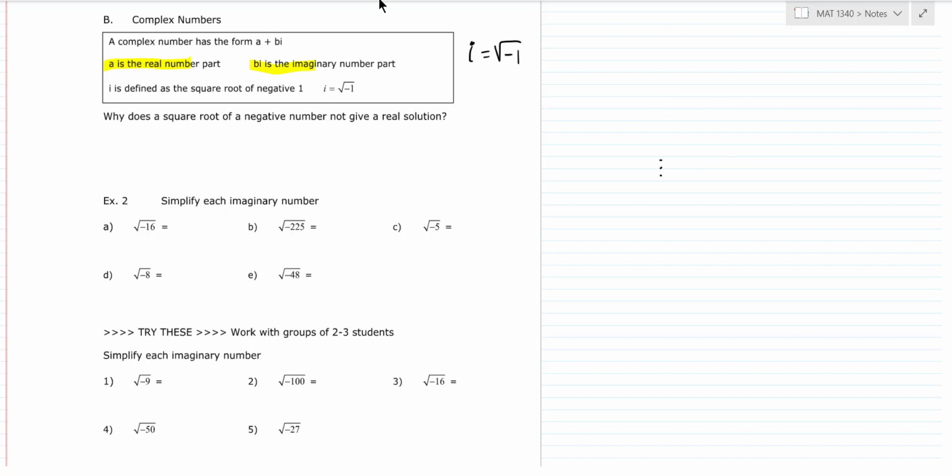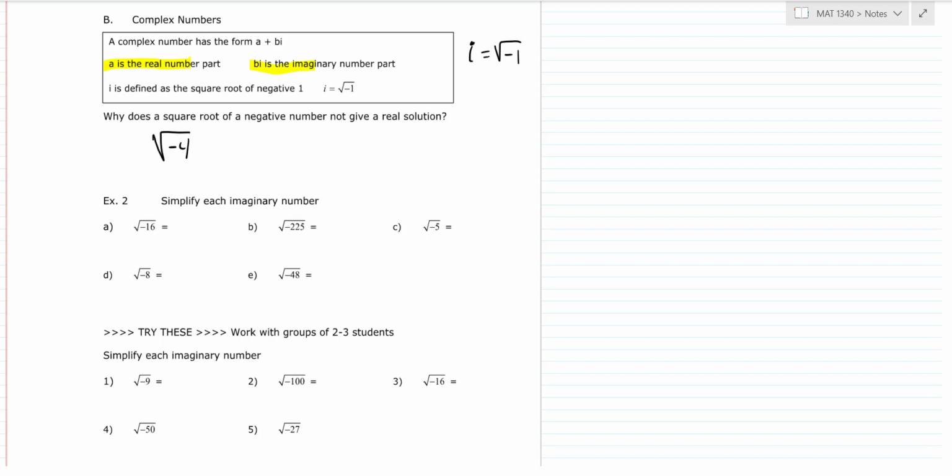So the complex number idea came several hundred years ago. I can't exactly remember where that comes into play, maybe the 1500s, before we began to really develop the ideas of complex numbers. So the question I'm asking is, why does the square root of a negative number not give a real solution?